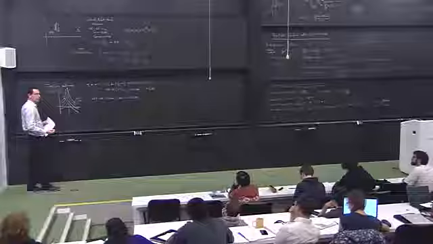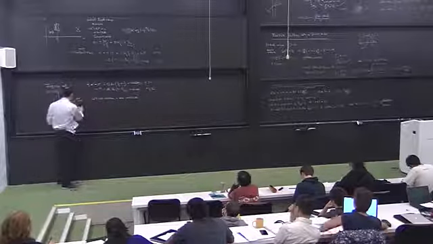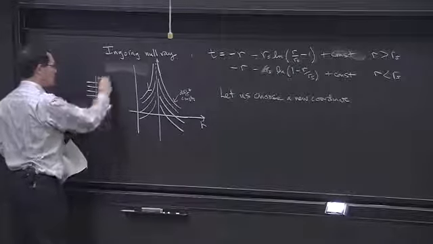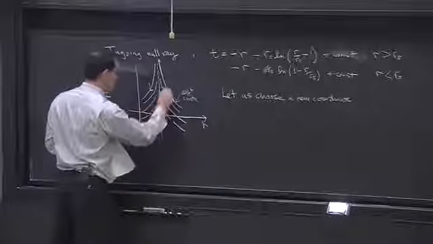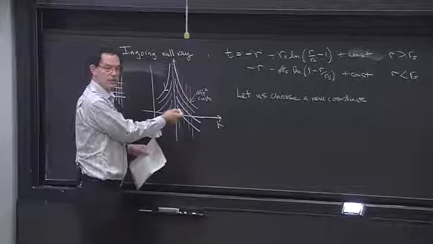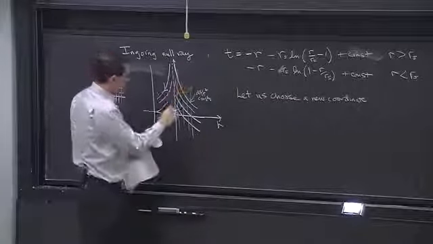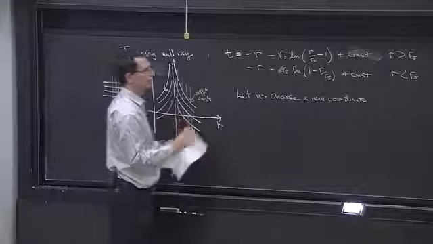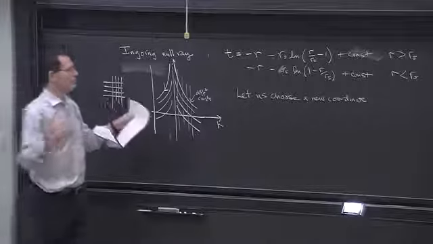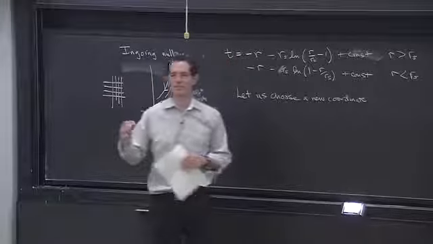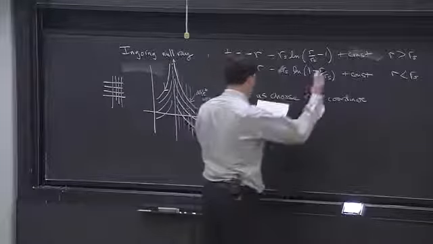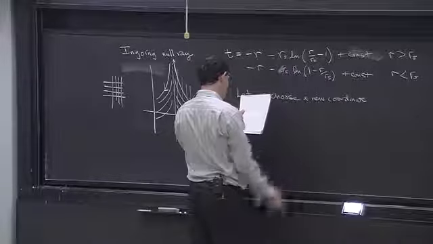So why not choose coordinates where, instead of choosing r and t, which are a square grid in this picture, we just choose a grid which is r, i.e. vertical lines, and this combination of t and r. And then obviously in those coordinates, this new coordinate is constant, because that's the definition of it. It's the quantity which is constant on ingoing null rays. So we choose this constant in effect to be the new coordinate.